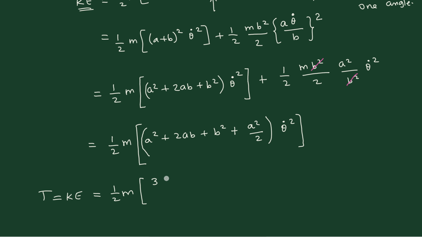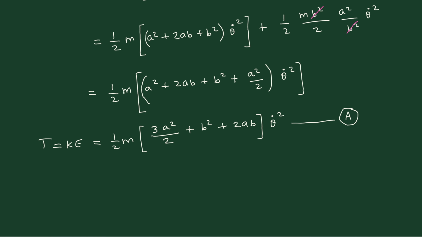So 3a square by 2, because the last term we have to add. Then plus b square plus, then we have this 2ab, that's all, multiplied by theta dot square. So that's all. This is the equation for the kinetic energy. Okay, so hereafter, as I said, it's only a matter of simplification.